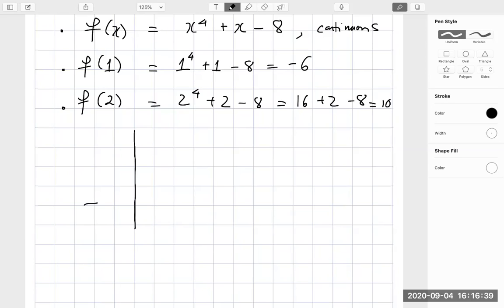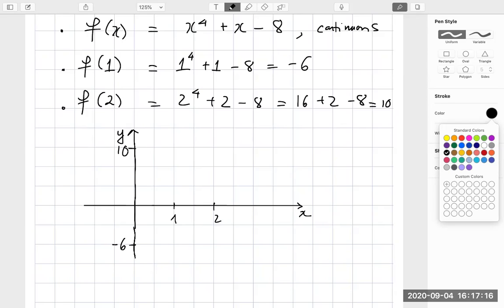So we see that at 1 and 2, suppose this is the x-axis, this is y, negative 6 is somewhere here, and 10 will be somewhere around here. F at 1, suppose 1 is here, and 2 is here, then f at 1 should be negative 6, this point.